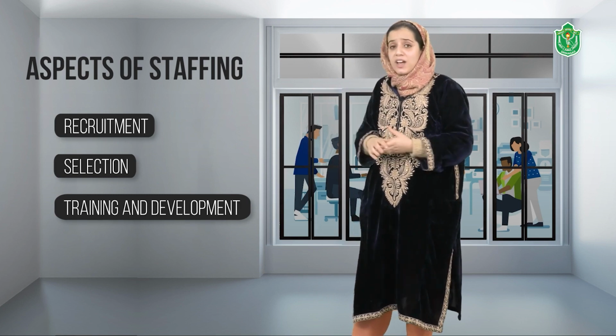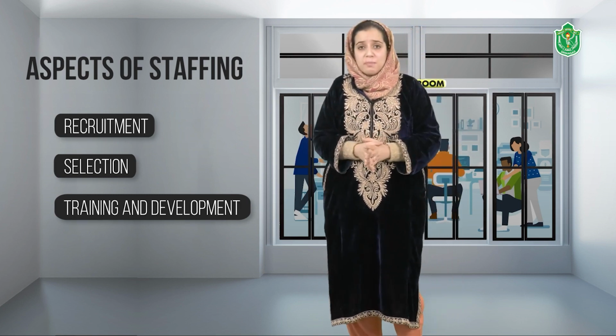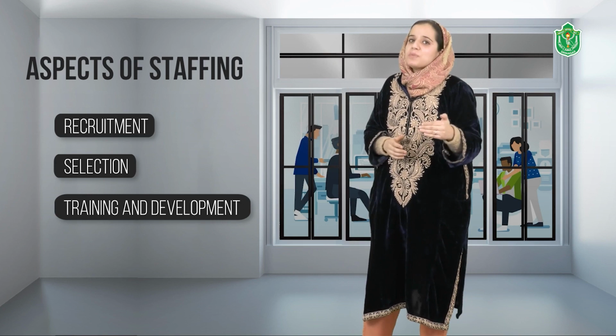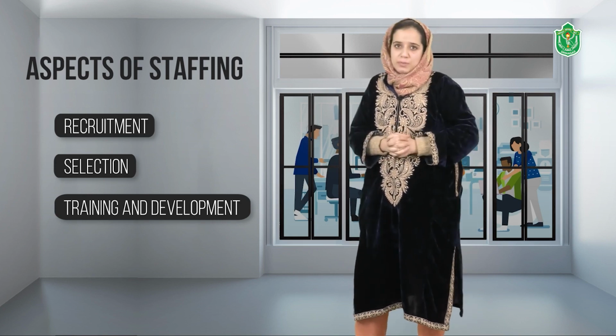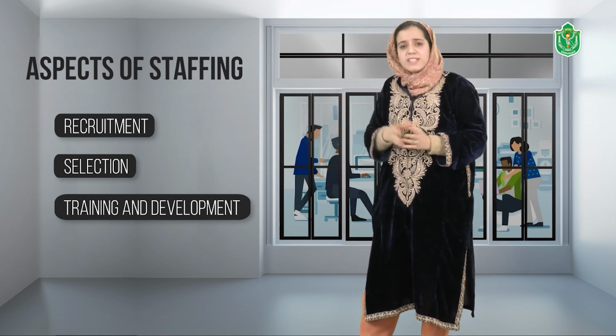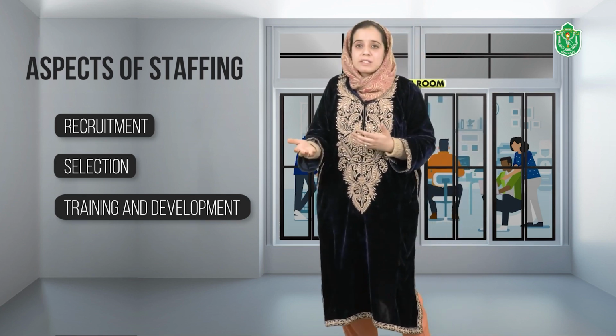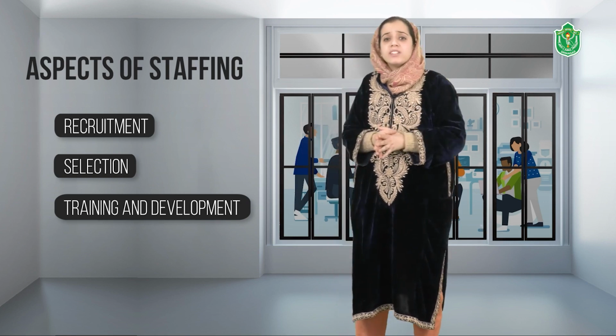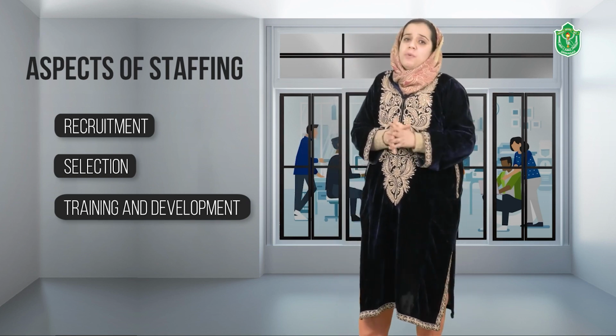But selection, on the other hand, is a negative step because here we select the suitable candidates and reject the unsuitable ones. And the last is training. It is the upgradation of skills which are required for good performance in the organization.